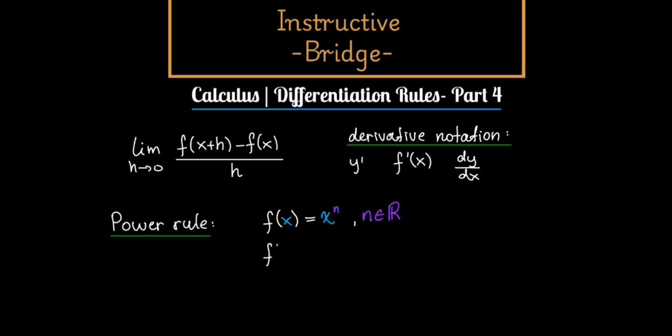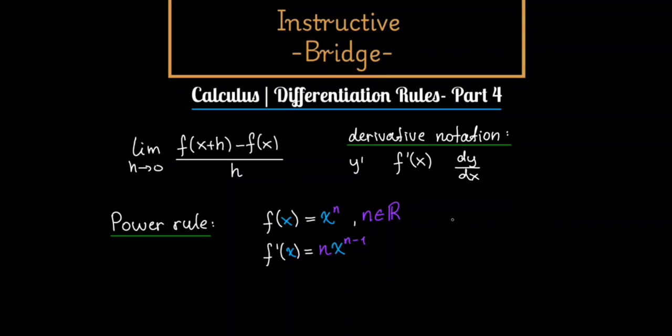Well then, the derivative of this function would simply be n times x to the power of n minus 1. As you can see, what happened here was we took the original power n and we put it in front as a coefficient. And then we subtracted the original power by 1.